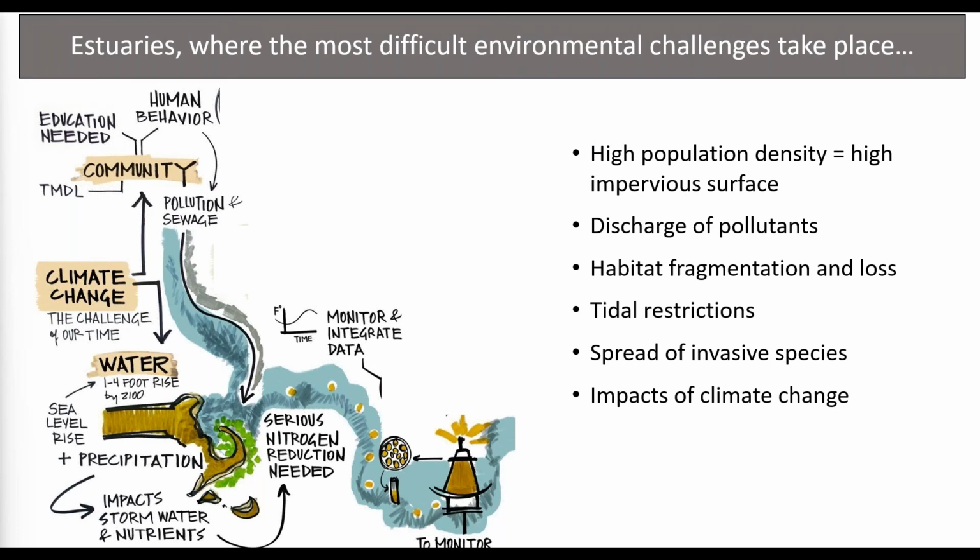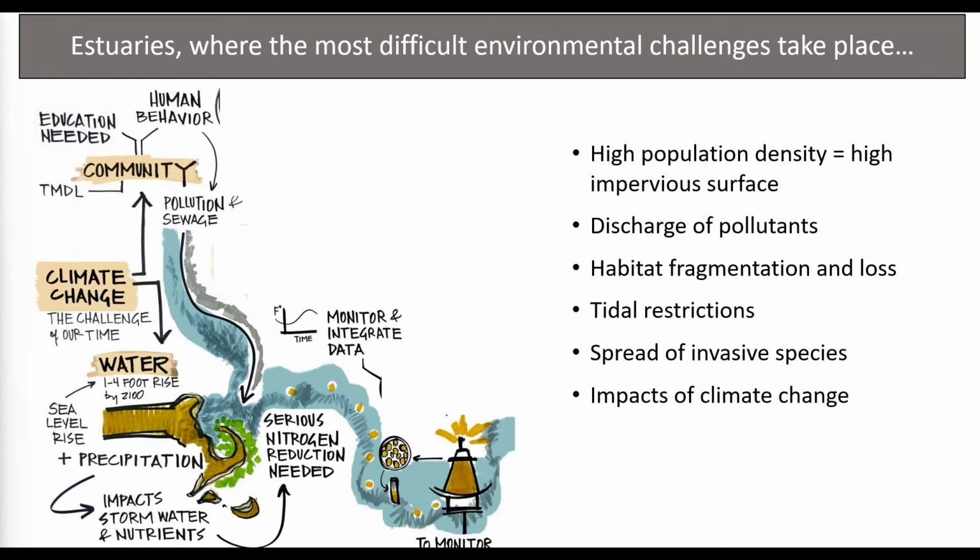MassBays' 1,100 miles of coastline is characterized by a complex geomorphology that includes barrier beaches, rocky coast, and estuaries. Some of the hardest environmental challenges take place in estuaries by the very nature of their location and hydrography. Estuaries are rich in natural resources, drawing plenty of commercial and recreational uses, as we just heard in Hilary's presentation. However, estuarine resources are often very vulnerable.